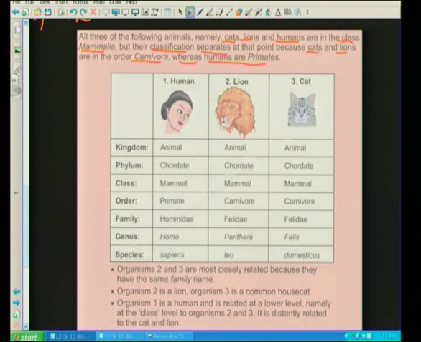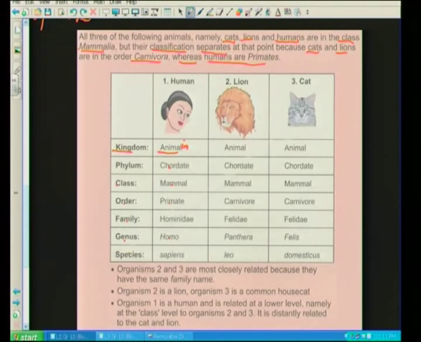Let's look at the human classification. A human belongs to the kingdom Animalia, or animal. Phylum Chordata, class Mammalia, order Primate, family Hominidae, genus Homo, and species sapiens.